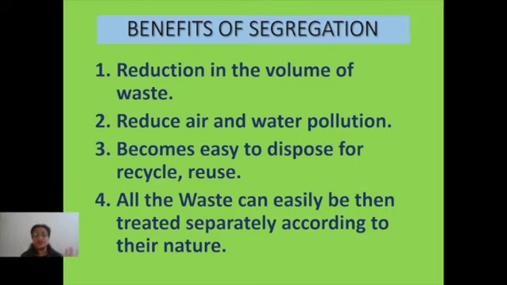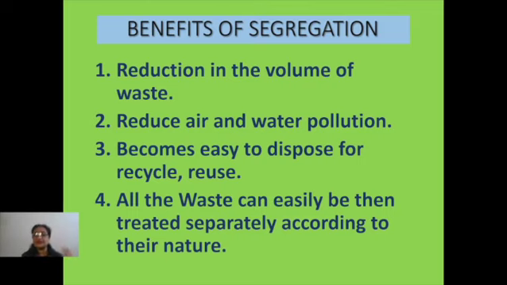Number two is that it reduces air and water pollution, because in this way we get the different types of waste, which can easily be handled according to their need. Suppose there is any biomedical waste that may cause different diseases to develop, that is immediately treated accordingly. Suppose there is biodegradable waste, that can easily be used in forming compost.